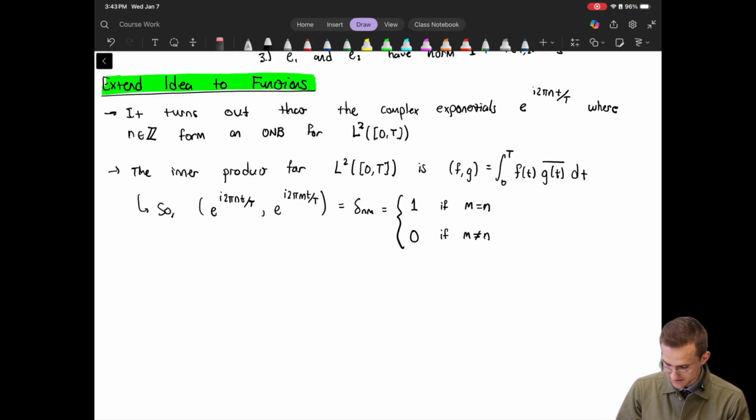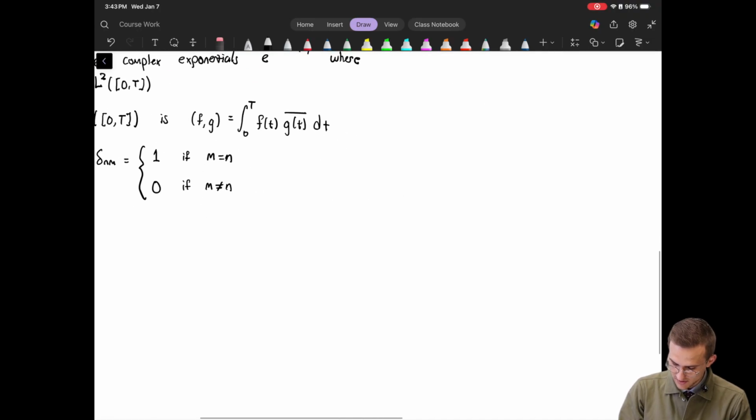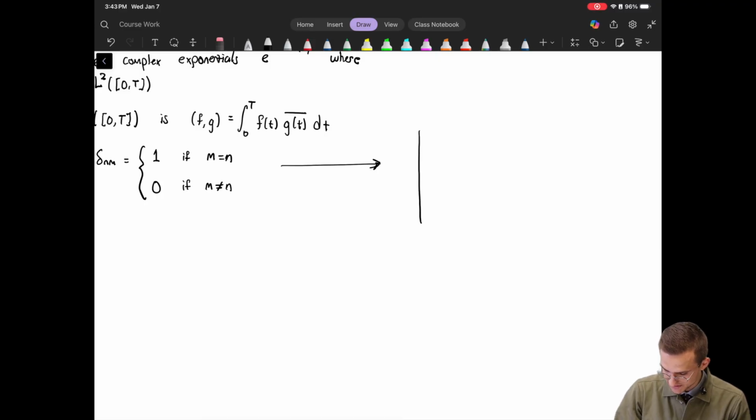Maybe a lot of you aren't immediately familiar with this type of idea, but let's just think about sines and cosines for a second. If you have two sine or cosine functions, one has this sort of period, and the other has, let's say, 4 wiggles in the same space.